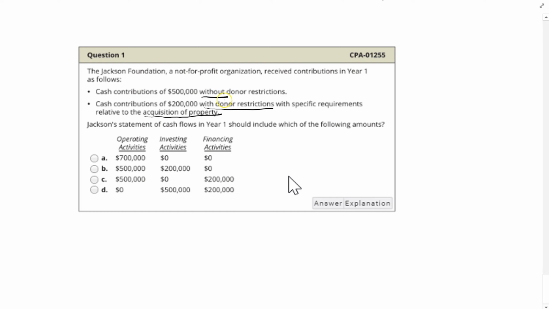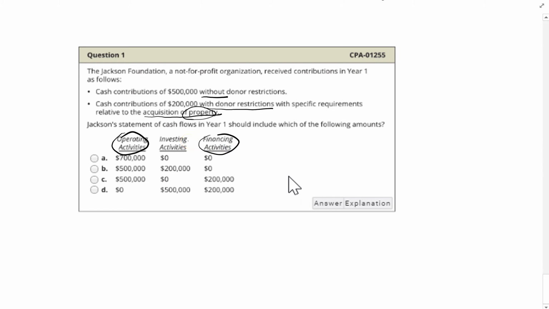Although this cash is restricted to purchase a property, so it apparently seems like they are going to invest in long-term assets, if you remember the basic concept, if they receive any cash contribution from a donor without restrictions, we classify it under the operating activities. And any type of cash proceeds with donor restrictions, it could be temporary restrictions or permanent restrictions, that will be under the financing activity part.